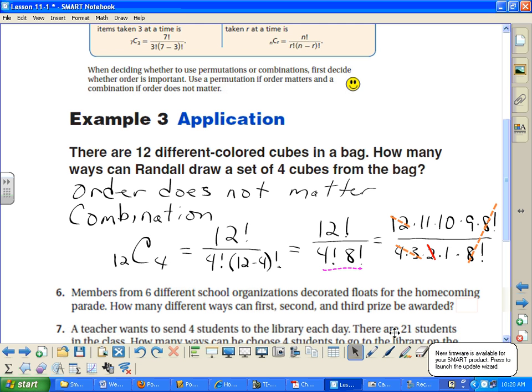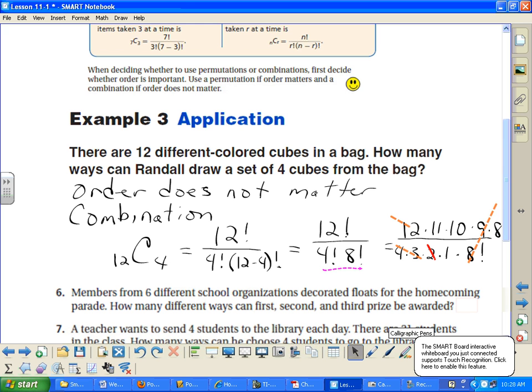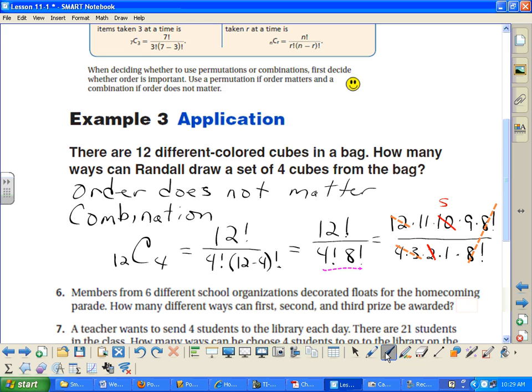So 55 times 9 is 495. So there are 495 different ways that Randall could just pull 4 cubes out of the bag.